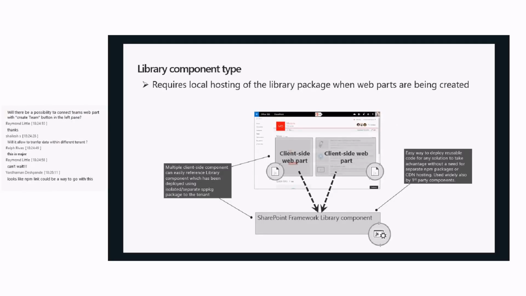We're looking into having this fully documented for a few different options. And by the way, who was it? Vartman was asking about npm linking. That is one way of actually handling the situation as well. So there's a few different ways of handling that situation at development time when we are bundling those web part codes, so the references will be resolved properly.